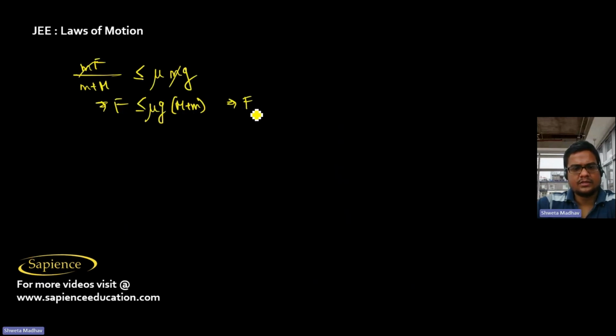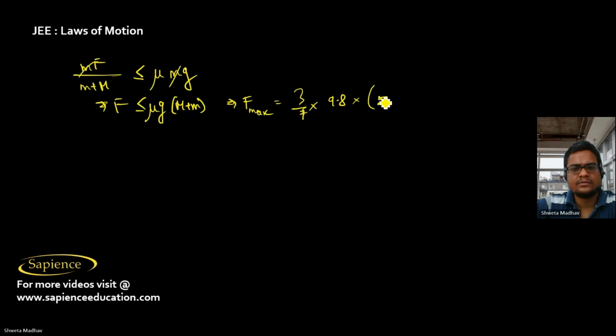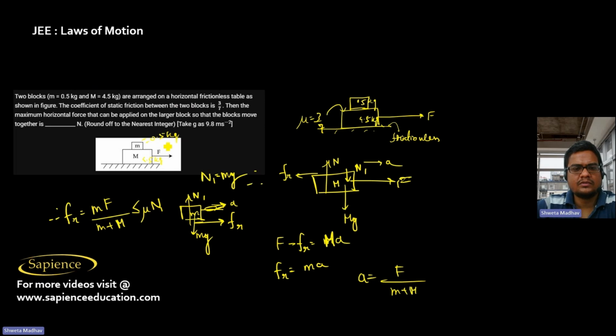It means that the maximum horizontal force that can be applied on the larger block will be equal to mu, which is 3 by 7, and g, that is 9.8, into (m plus M), that is 5. 7 1s are 7, 7 4s are 28. So 3 into 7 is equal to 21 Newton. So the maximum horizontal force that can be applied is 21 Newton.